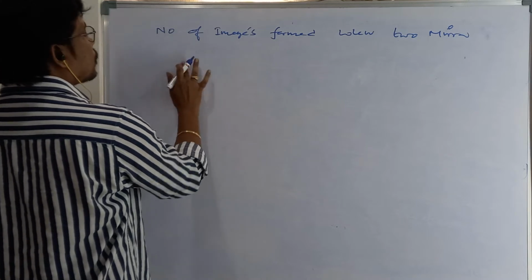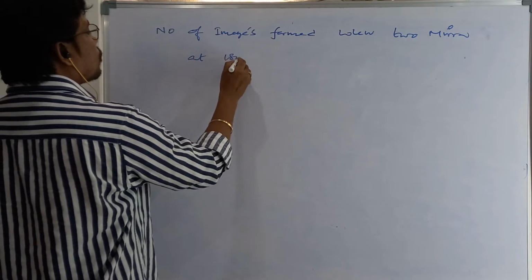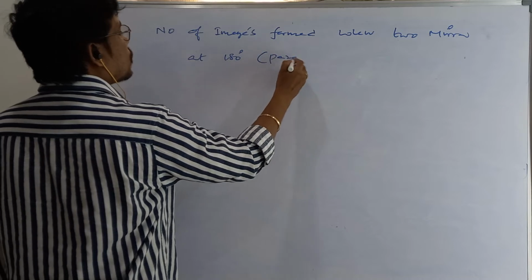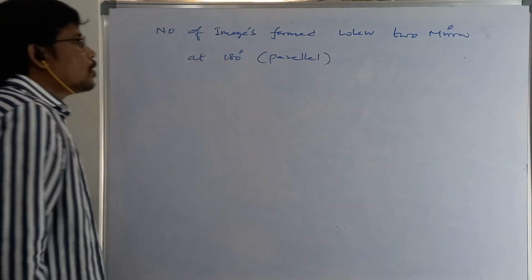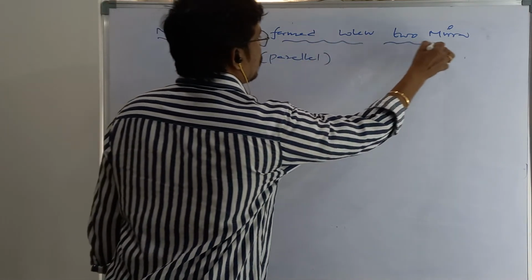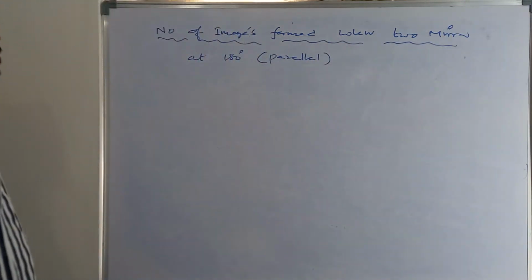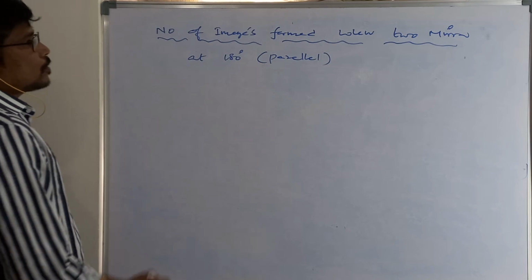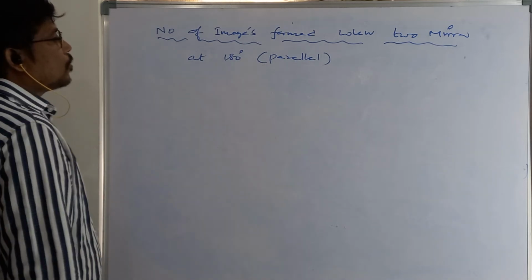Two mirrors are at 180 degrees. That is parallel. See here, number of images formed when two mirrors are placed at 180 degrees.